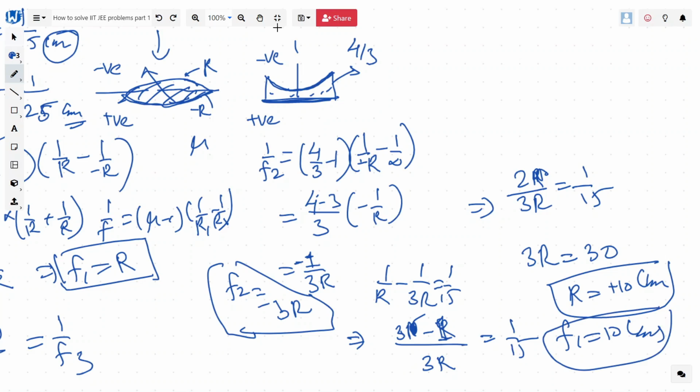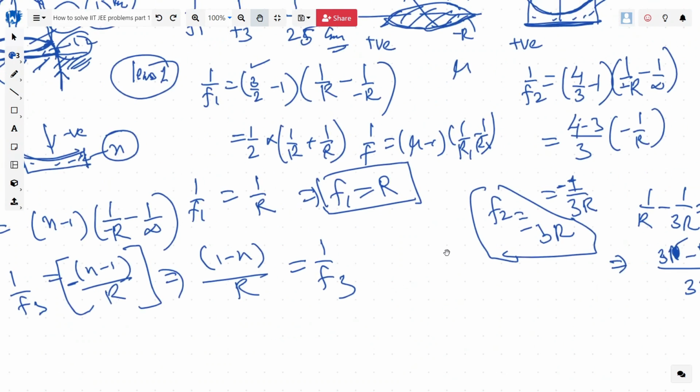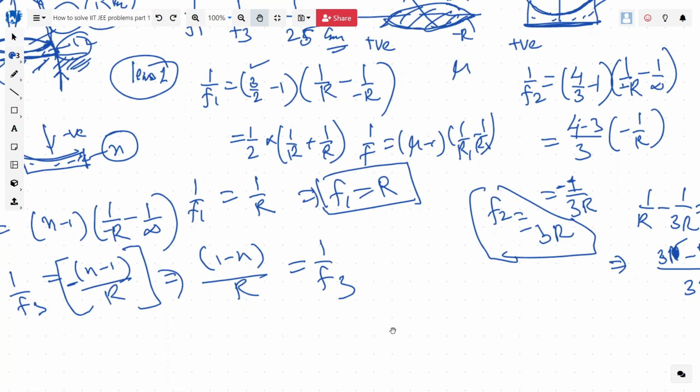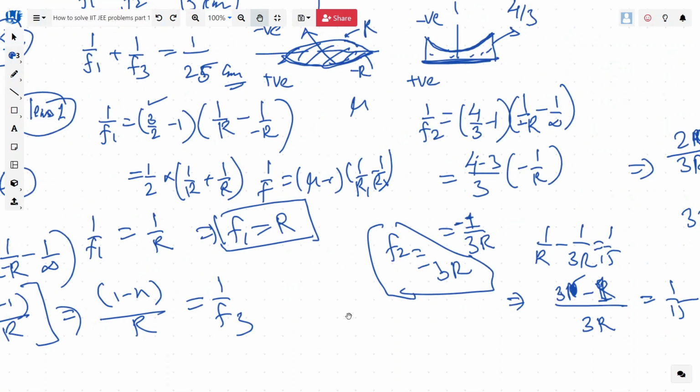Very good. So now we just have to come here. If we know the f3 value, then we can simply plug in the numbers. We know r now, and if we know f3, we can find n.